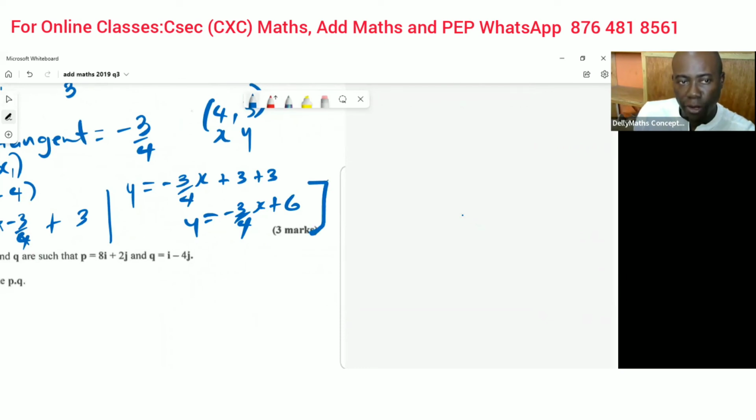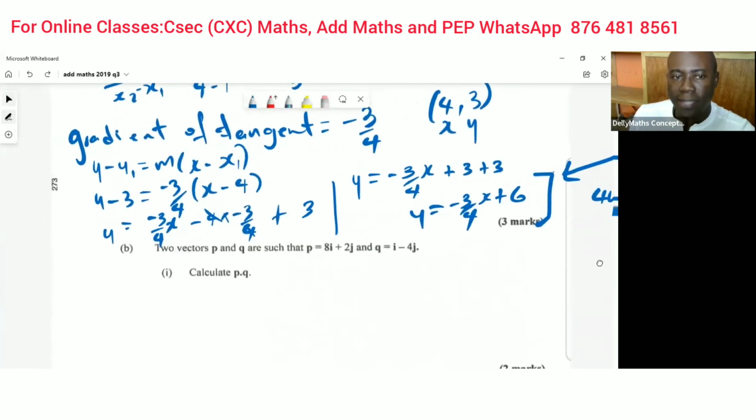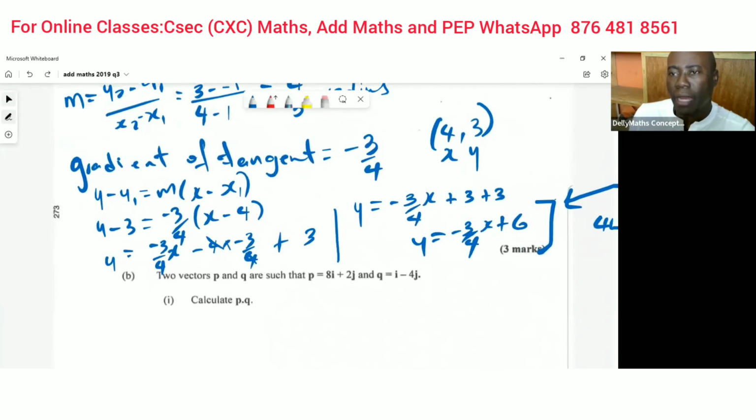Multiply everything by 4, so this would be 4y is equal to negative 3x plus 24. This is the same thing as this, except that this is in slope intercept form, and this is not. Understand? So it's up to you. I kind of like the slope intercept form where y is by itself, because I'm able to tell the gradient and y-intercept at the same time.